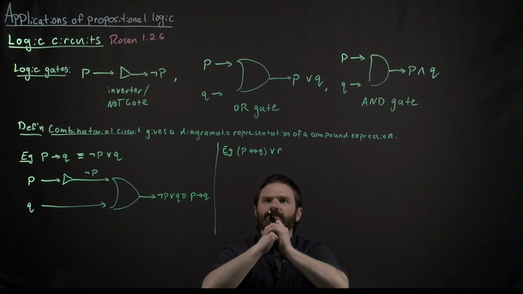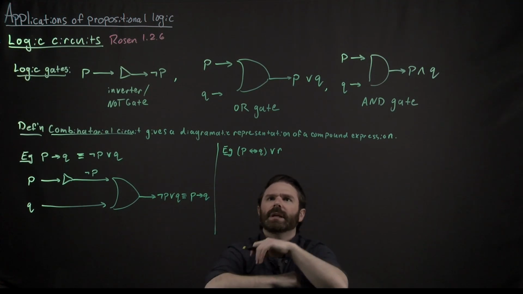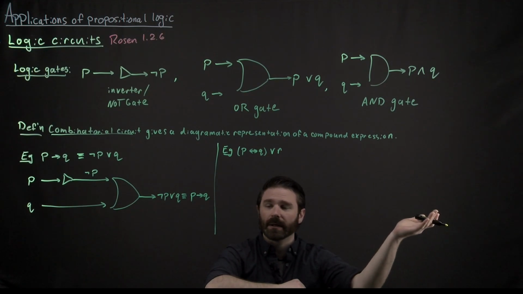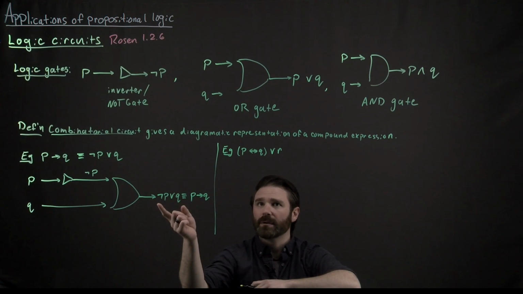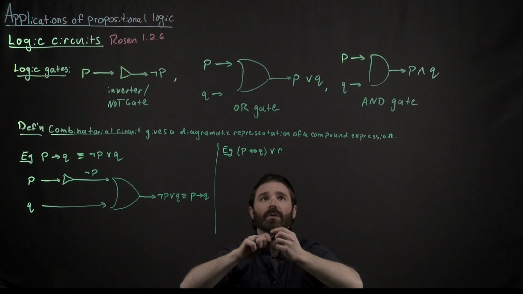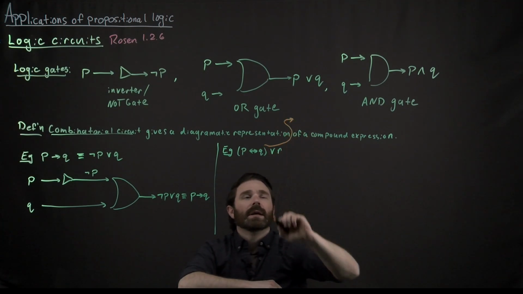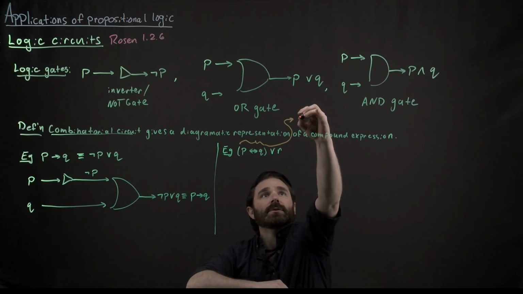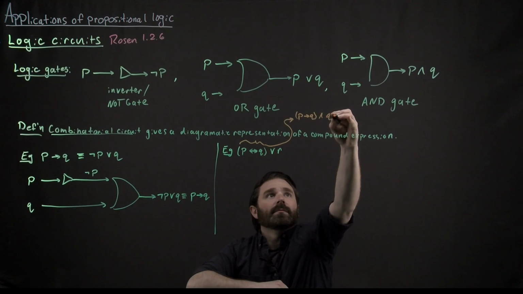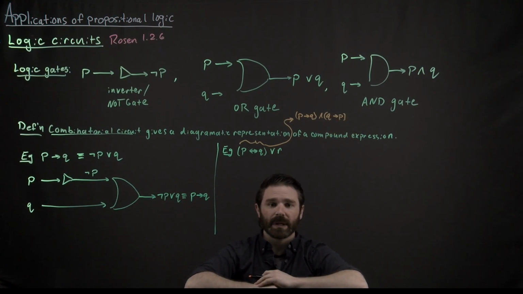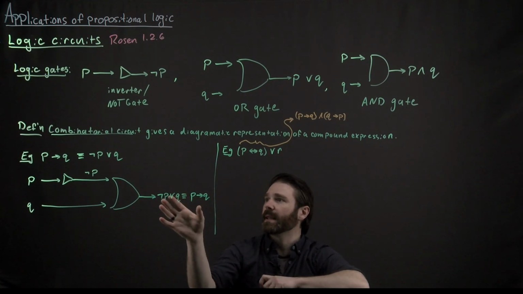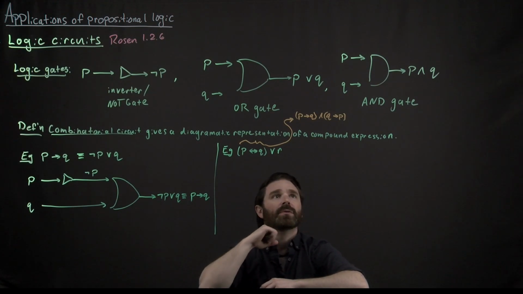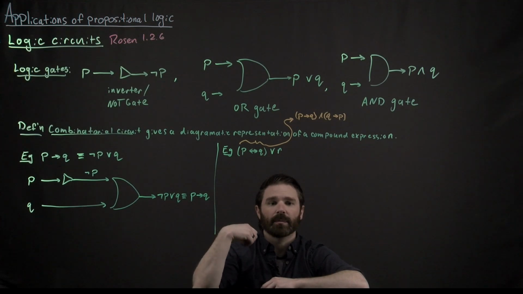Well, thankfully, I know the definition of P if and only if Q. That's P implies Q and Q implies P. And I already have the circuit diagram for P implies Q. So I'm going to recall that the P if and only if Q part is logically equivalent to P implies Q and Q implies P. So all I have to do is take this combinatorial circuit and copy it down a couple of times, once for the P implies Q and once for the Q implies P, and then combine them together with an AND operator, or an AND gate.